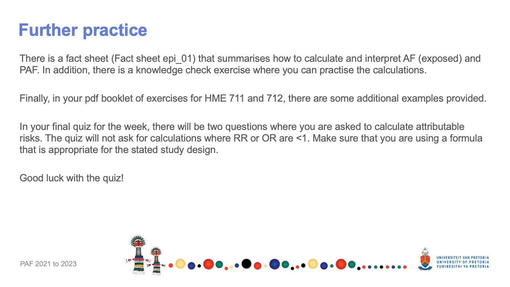They will not involve the situation where the odds ratio or risk ratio is less than 1. So that's a little bit of a hint for you. If you find that you'd like to do more practice, look in your PDF booklet of exercises for this module and the next module. There's one booklet that covers both of them, and there's some additional examples provided there that you can work through. Good luck with the quiz.